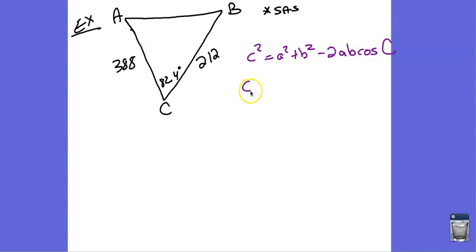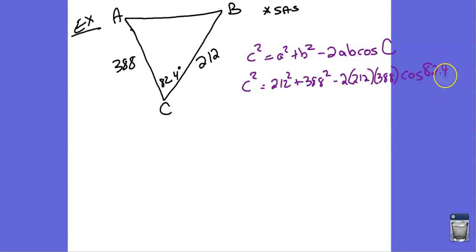So we're trying to find side C. So we're going to take a squared, so 212 squared, plus b squared, 388 squared, minus 2 times 212 times 388 cosine of C. And cosine C we actually know, which is 82.4.